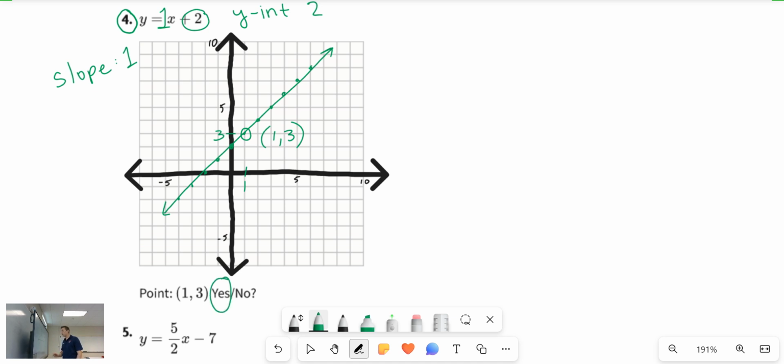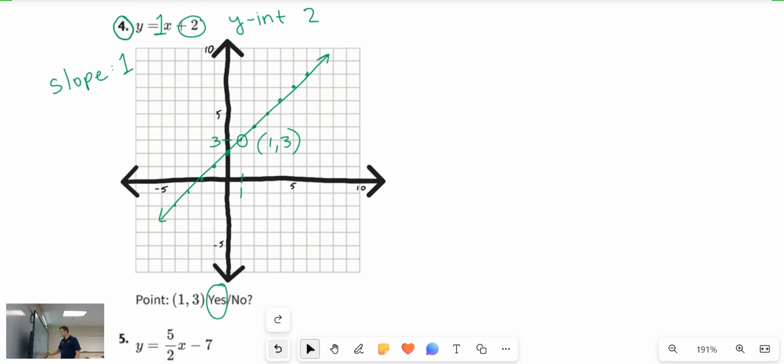So yes, it is. Another way to find that would be, if we're wondering about the point (1, 3), we could just plug in 1 for x and 3 for y and see if it's true. So we could say that 3 equals 1 plus 2.